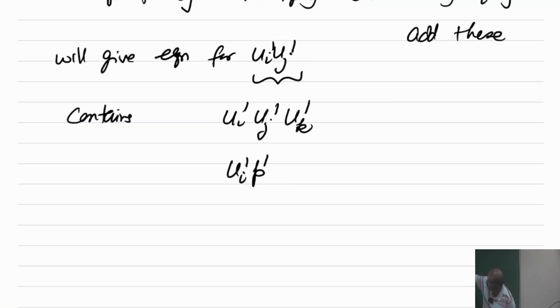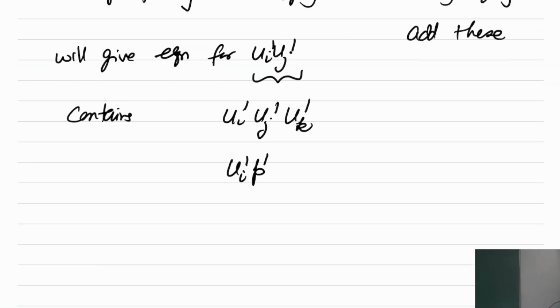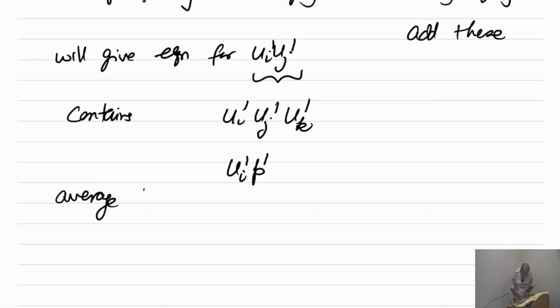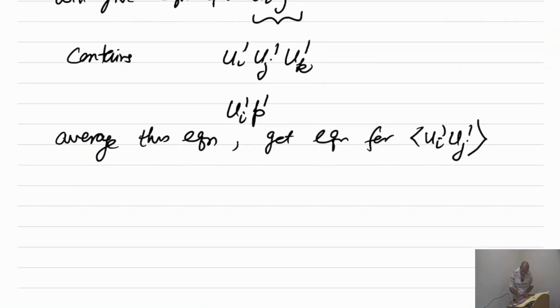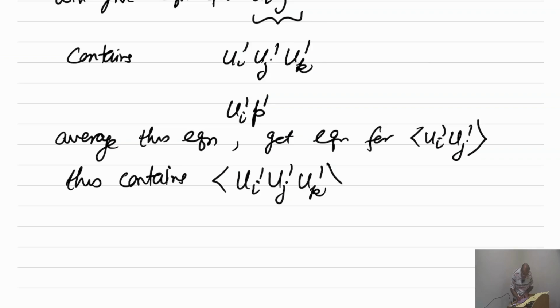So, the equation for ui prime contains these terms, and when you average it now, then you get the equation for ui prime uj prime, and this contains average of ui prime uj prime uk prime, average of ui prime p prime, etc.